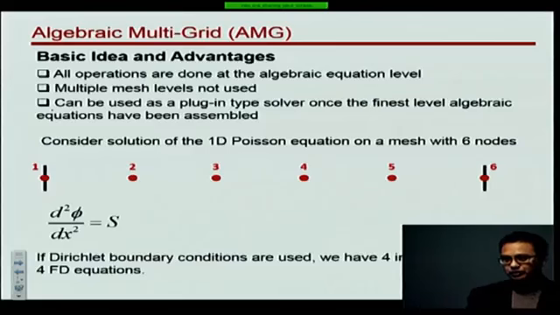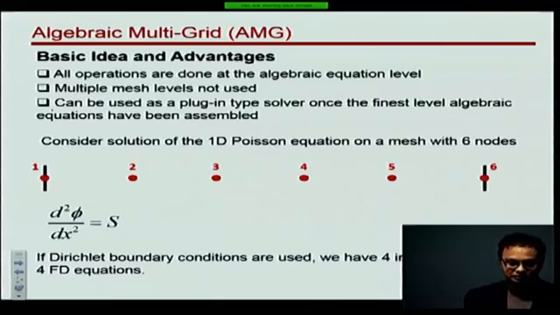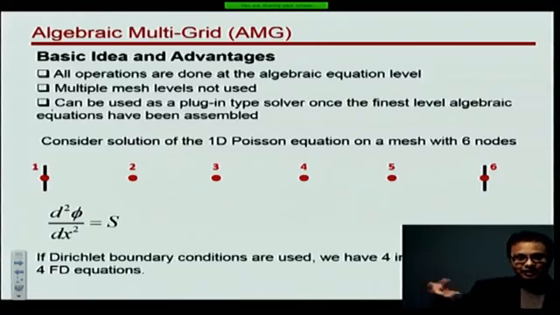So somehow from the fine mesh equations, which I start with 6 equations, I have to derive 3 equations that essentially will represent my coarse mesh equations. That's the idea: I'll have 2 sets of equations, 6 in one case, 3 in the other case, and I will do the exchange of information between those 2 sets.